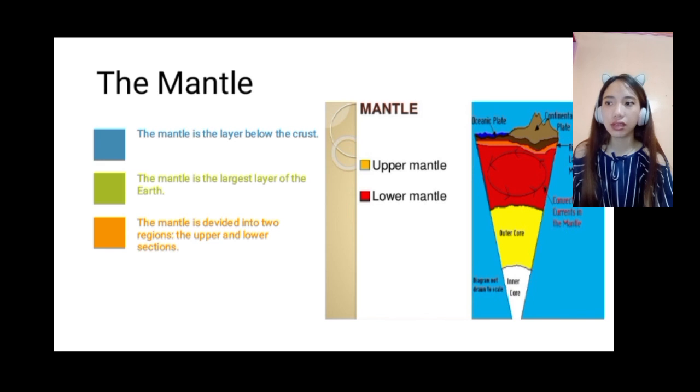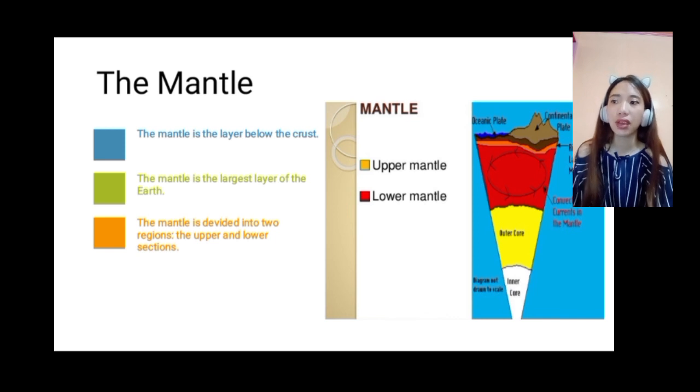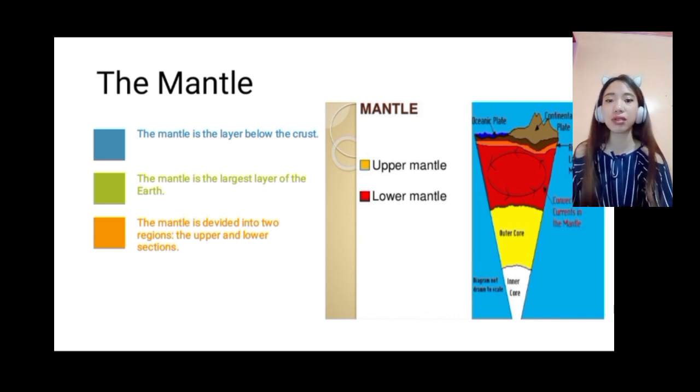This flow is responsible for the movement of tectonic plates on the Earth's surface. Convection currents describe the rising, spreading, and sinking of gas, liquid, or molten materials caused by the application of heat.